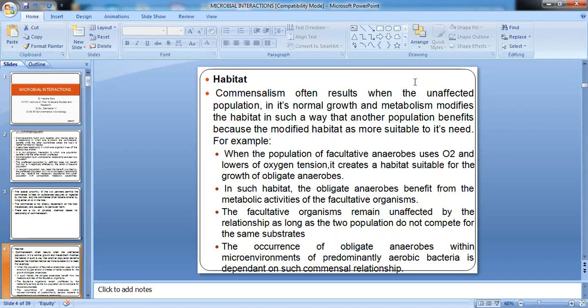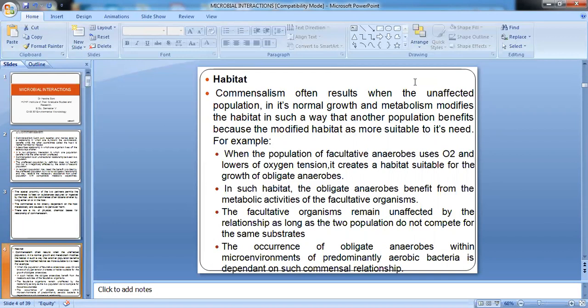The facultative organisms at the same time were unaffected by the relationship, but this will be true only if the two populations are not competing for the same substrate. That means they should not be competing for the same carbon source or nitrogen source. If they compete for the same carbon source, the association will not remain as commensalism.